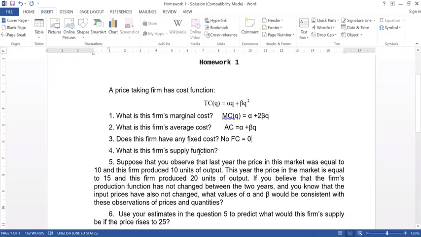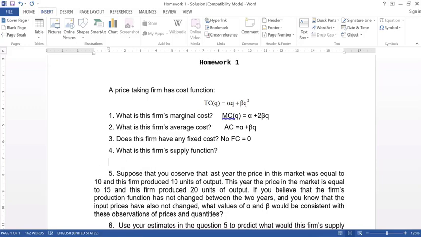And now, question number 4. What is this firm's supply function? Now, this firm is a price-taking firm. Price-taking firm means the firm is a competitive firm.